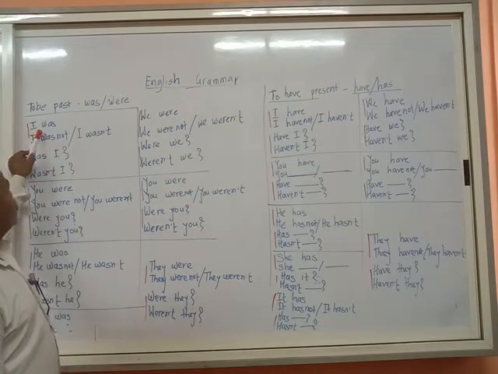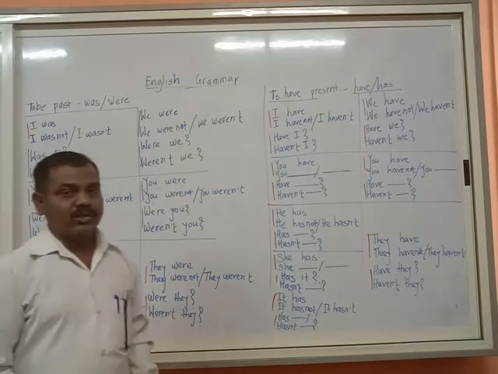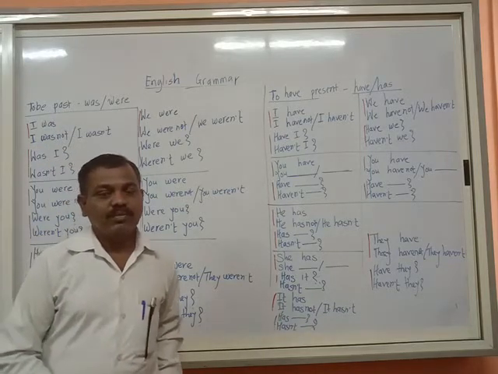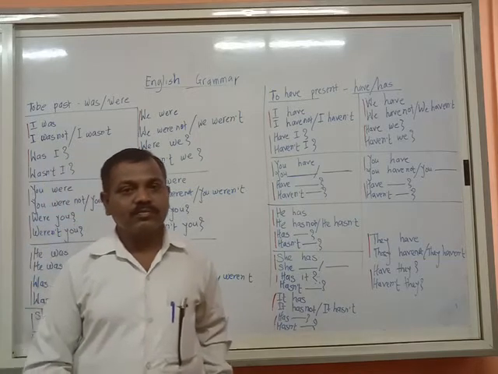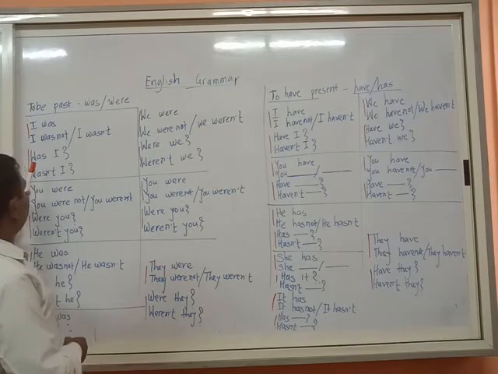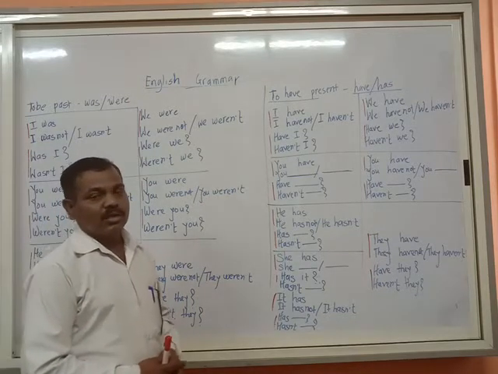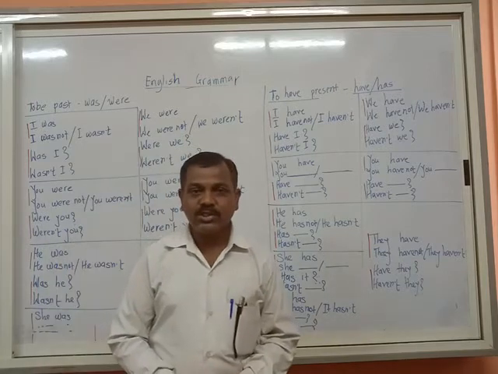I was, the plain positive. I was not, or I wasn't. Very plainly I can say, I was or I was not. Then was I and wasn't I. Questions, they are called which type of questions?